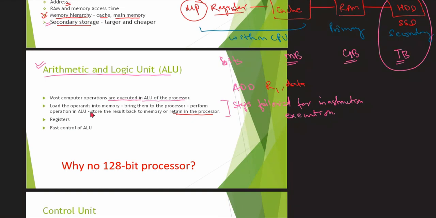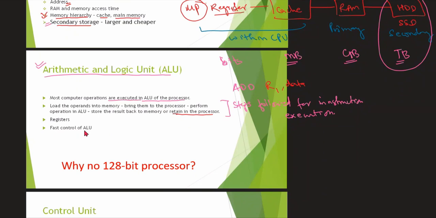Once the addition is done, R1 will be a temporary register. It will store the data in R1 for a temporary period. If some other operation is being performed, R1 will store some other data. So based on the instruction, R1 or the registers will be storing the values for a temporary period.